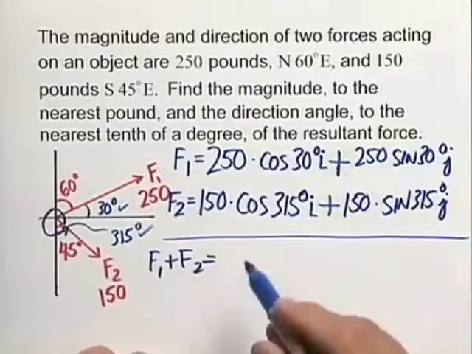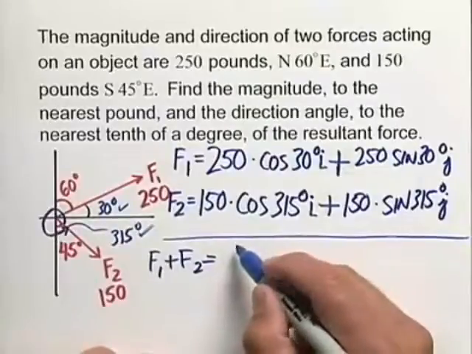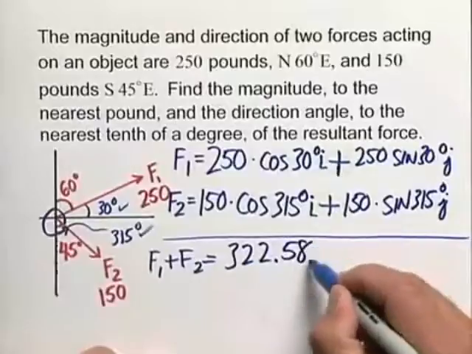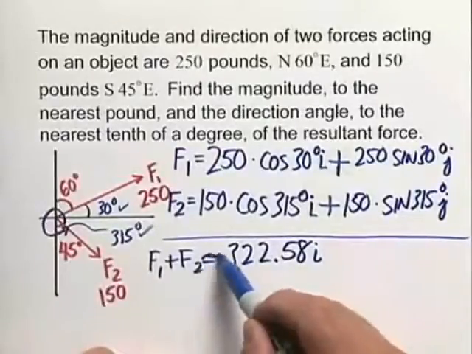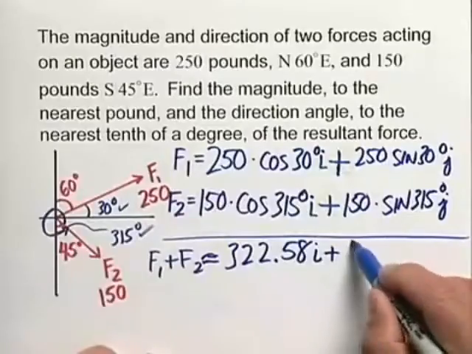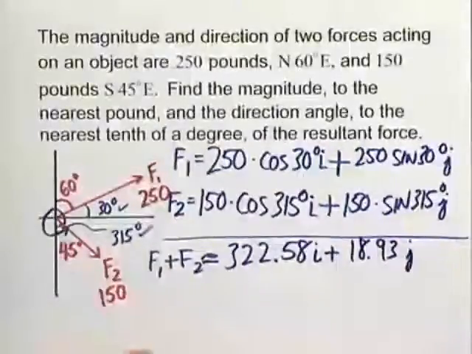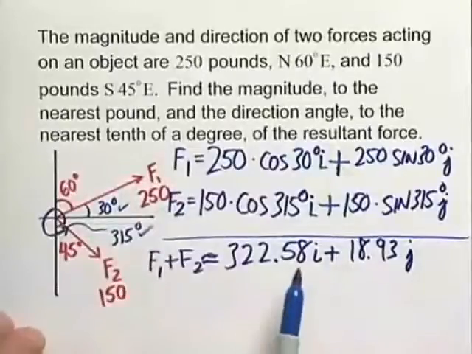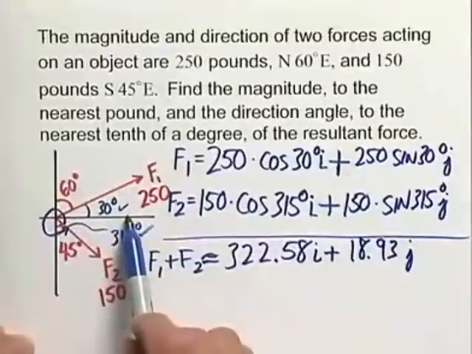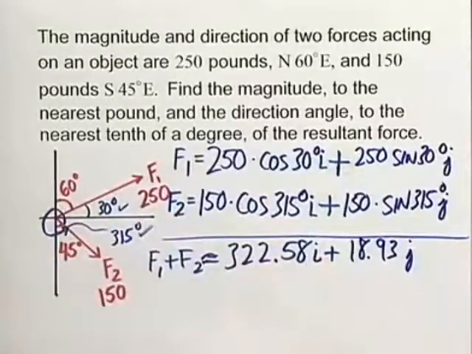If we approximate this to a couple decimal places, our new vector is 322.58 i, and again that's approximate, we're rounding, plus 18.93 j. This is our resultant vector, and you can visualize this as going 322 along the x and then about 19 up.